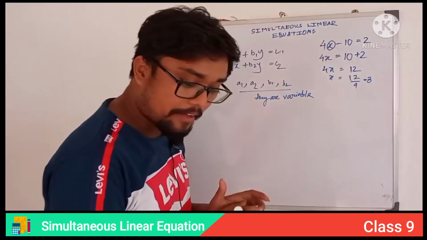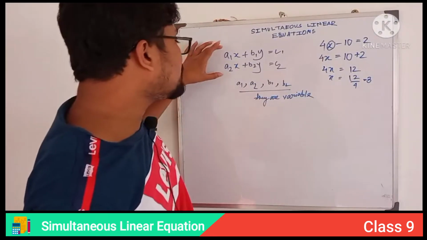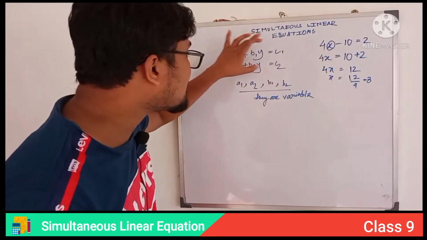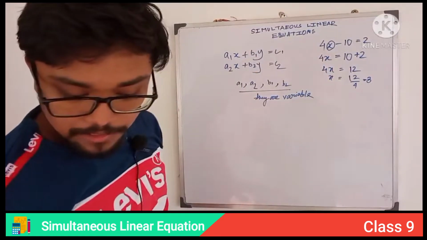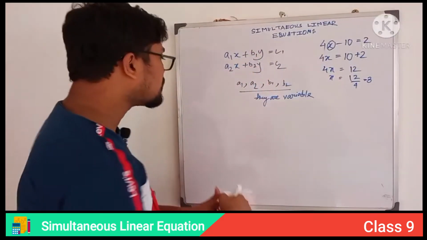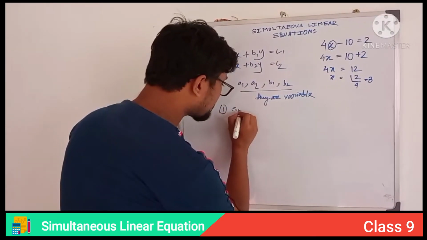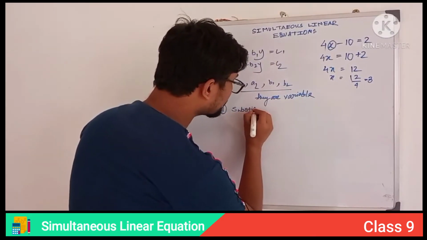Now how will you determine the value of x and y? Fine, there are three processes to determine the value of x and y. The first process is the substitution method.